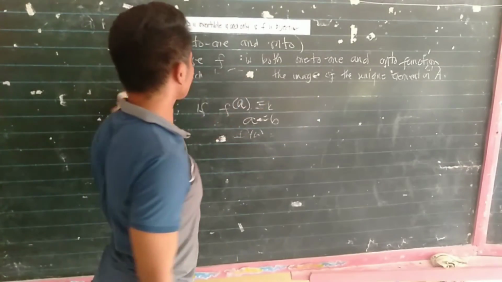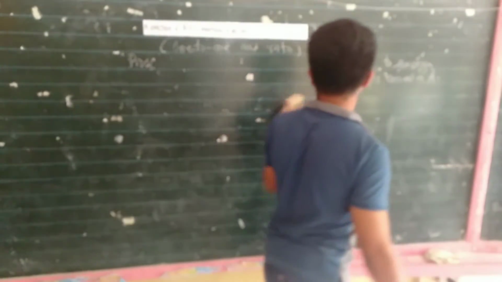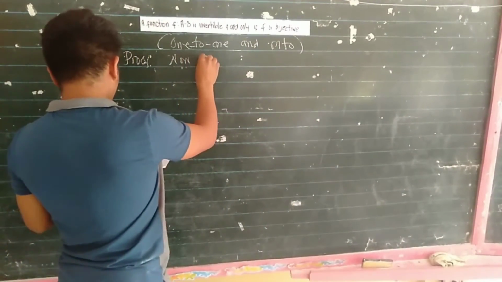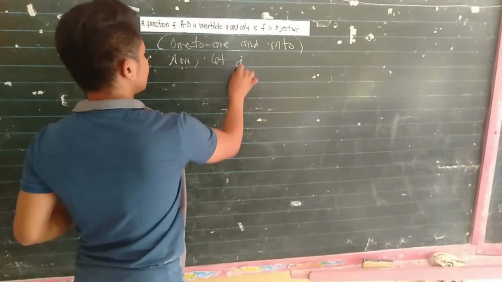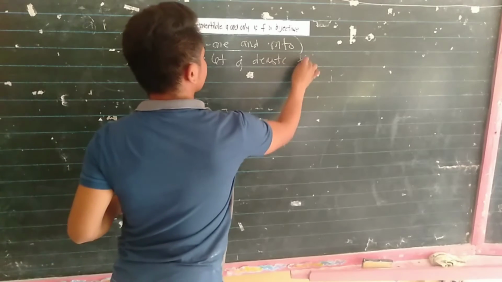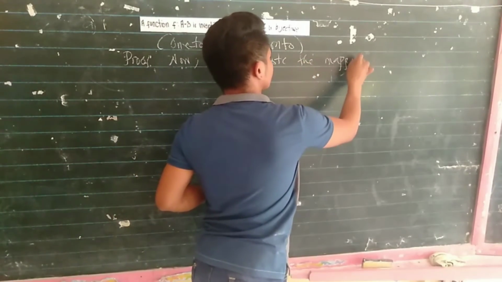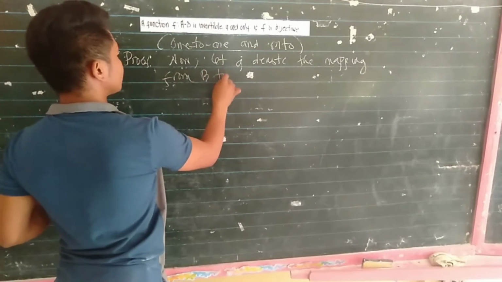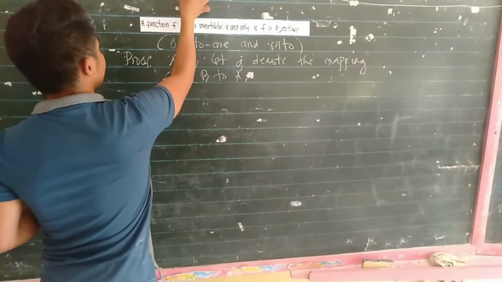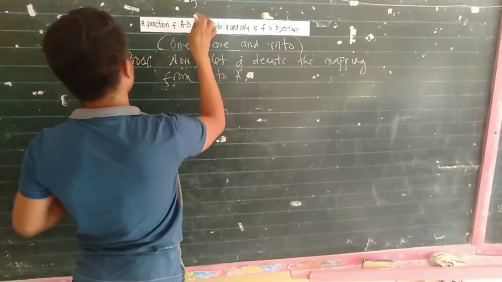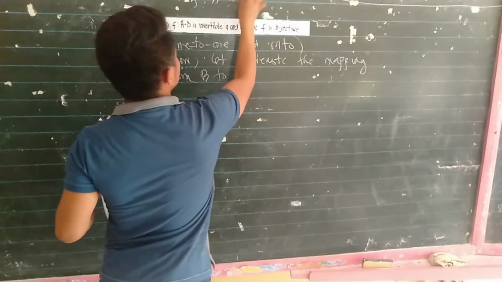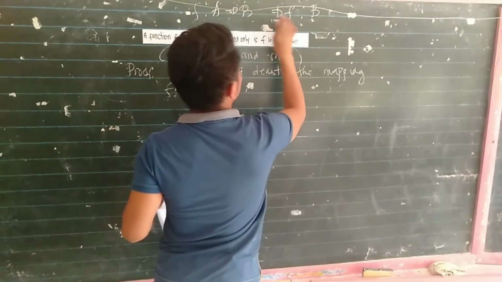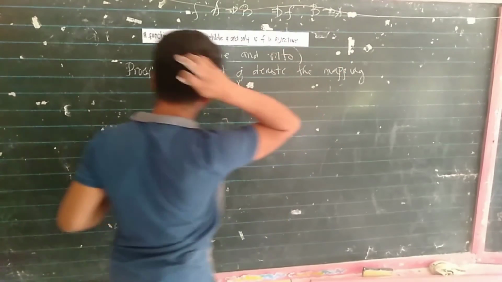Now, let g denote the mapping from B to A. The function should be invertible if f from A to B has a function from B to A. So it is invertible now.